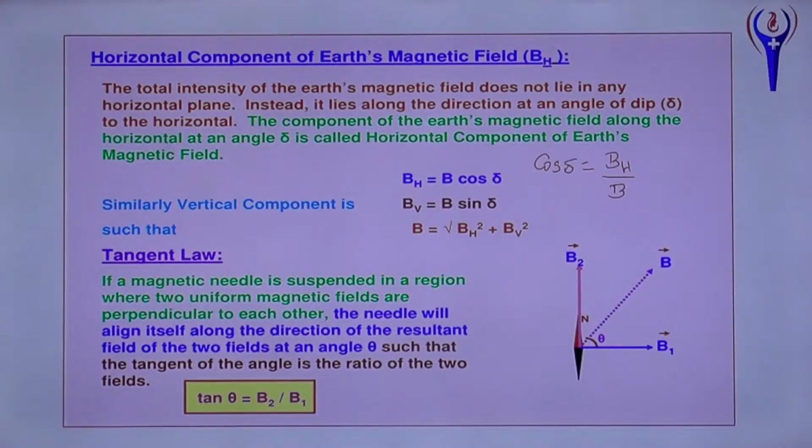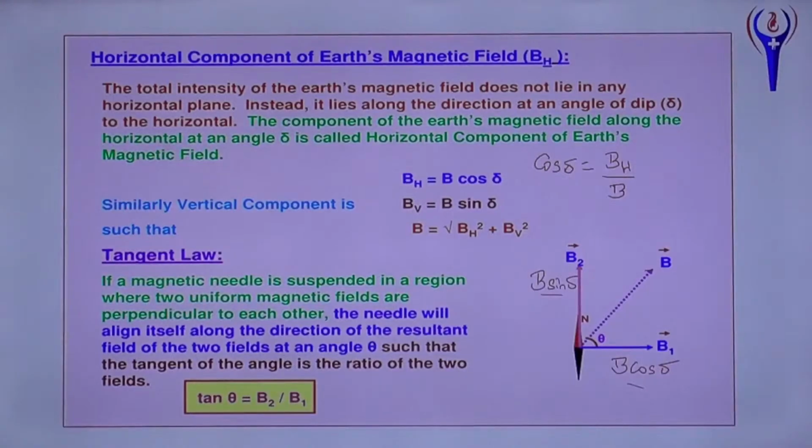Or we can say this B is resolved into two components: B cos delta, and this is B sin delta, as the horizontal component and vertical component. B cos delta is the horizontal component, B sin delta is the vertical component.